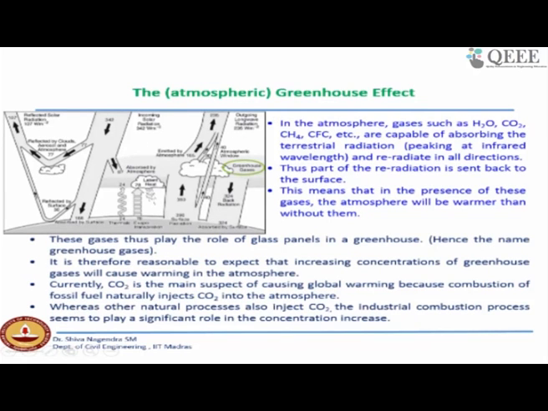Okay, so this gives some more information. In particular, gases such as water vapor, carbon dioxide, methane, chlorofluorocarbon are capable of absorbing the terrestrial radiations. Hence some of this radiation going back from the Earth's surface will be trapped, resulting in an increase in surface temperature.